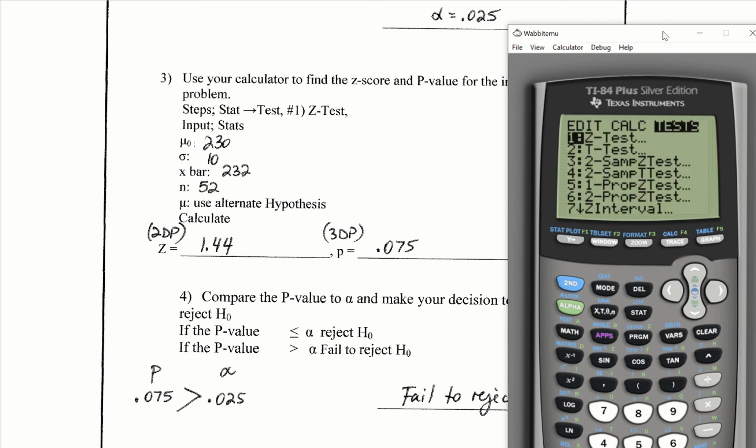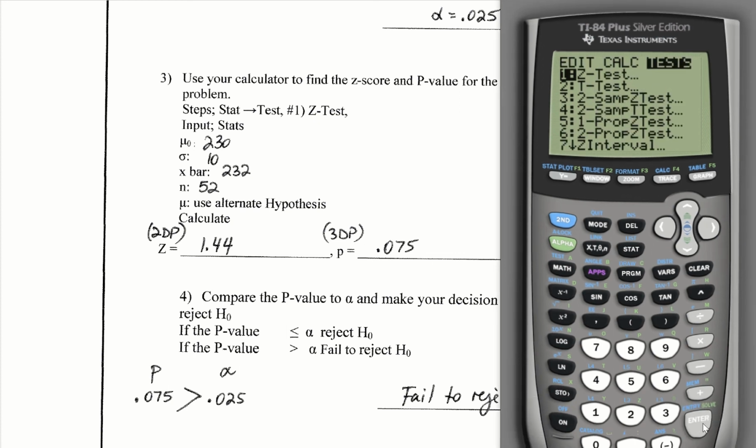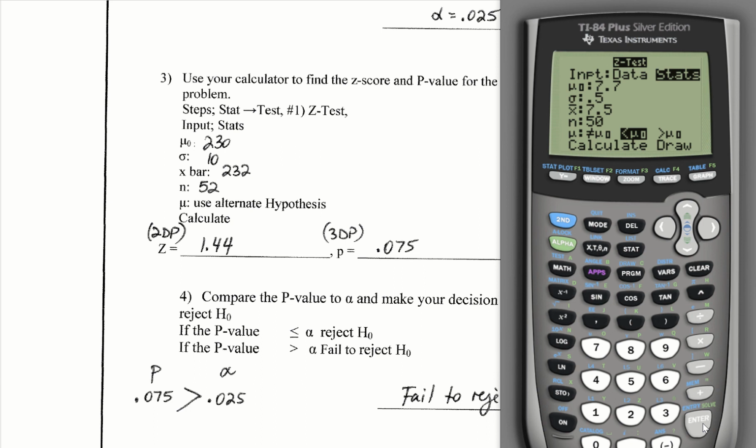We go over to Tests, and right now we're using option 1, which is the z-test. We didn't have the values for all 52 boxes of cereal. We had the summary statistics, so I'd work off of the Stats ribbon again. If they actually gave us all of that raw data, then you would hit Stat, Edit, put it under list L1, and then you'd be able to work off of the Data tab.